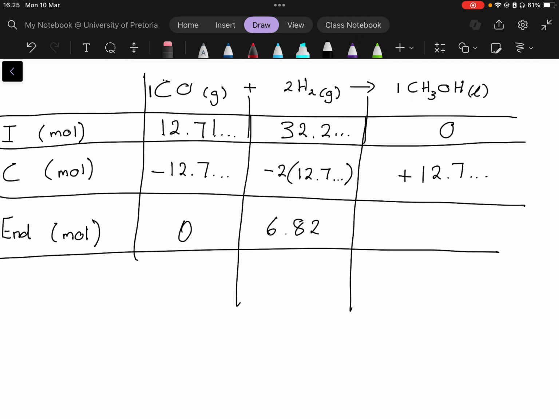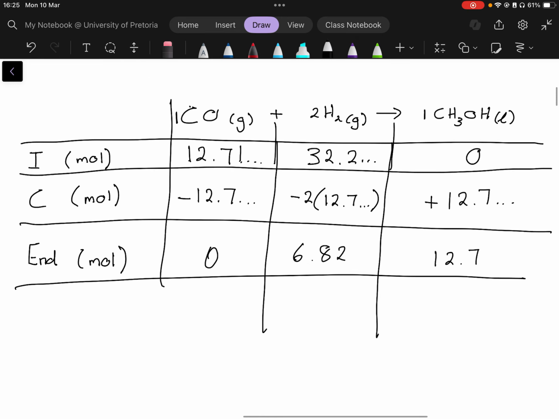And your product has gained some number of moles, so 12.7. And that's what you can summarize in your mind as well. Your limiting reagent goes to 0, because that's what a limiting reagent does. It's completely consumed in the reaction.